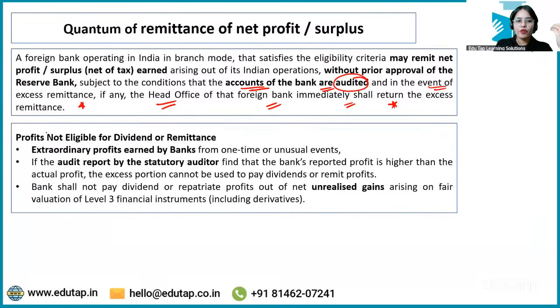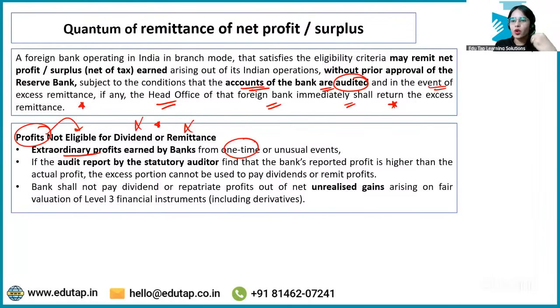Okay. Now, profits not eligible for dividend or remittance: which profits cannot be paid out as dividend or given as remittance to the other country. First, extraordinary profits, that is the one-time profit, where suddenly a boom has come or a lot of money has been earned by the bank.